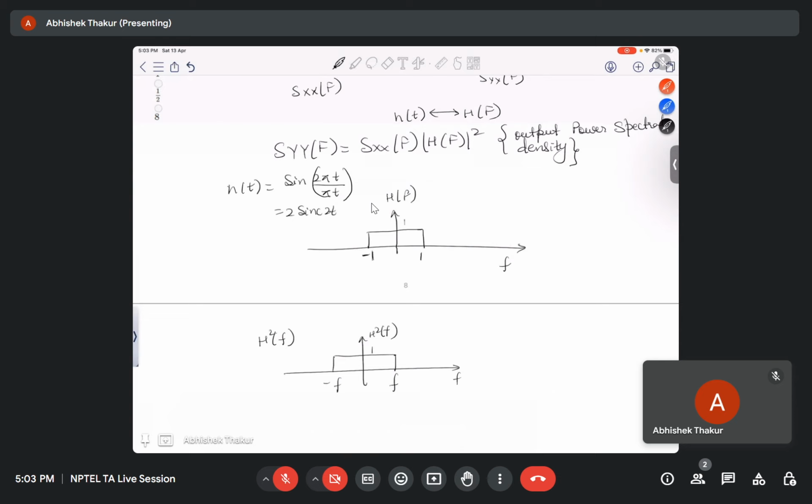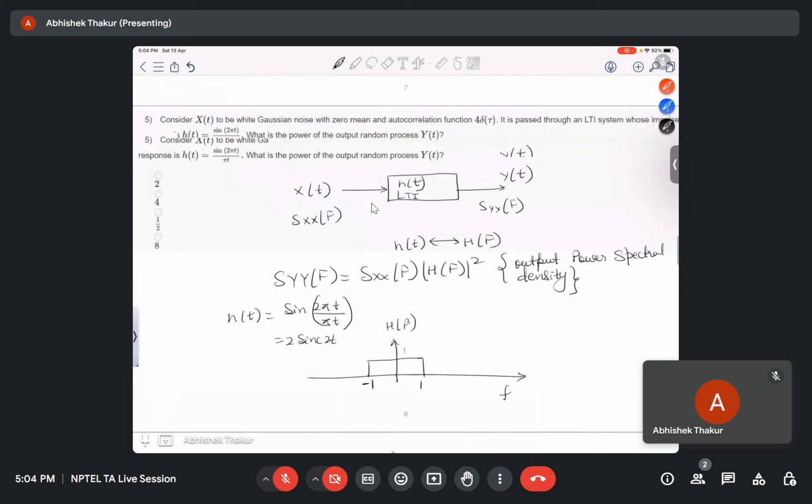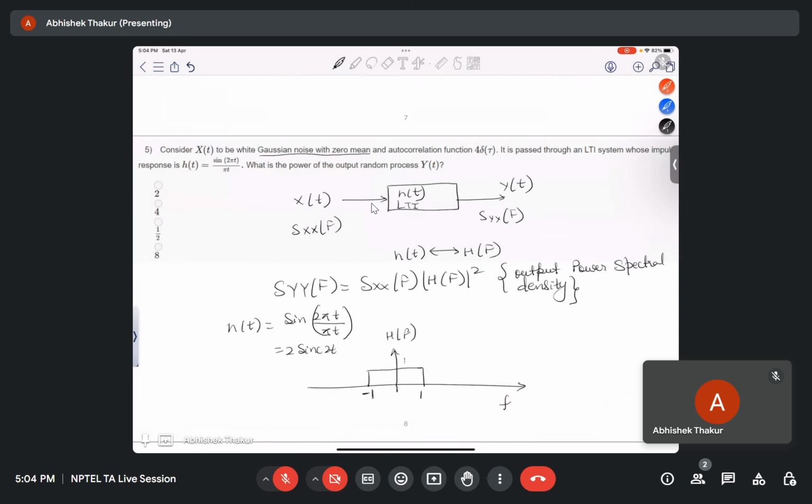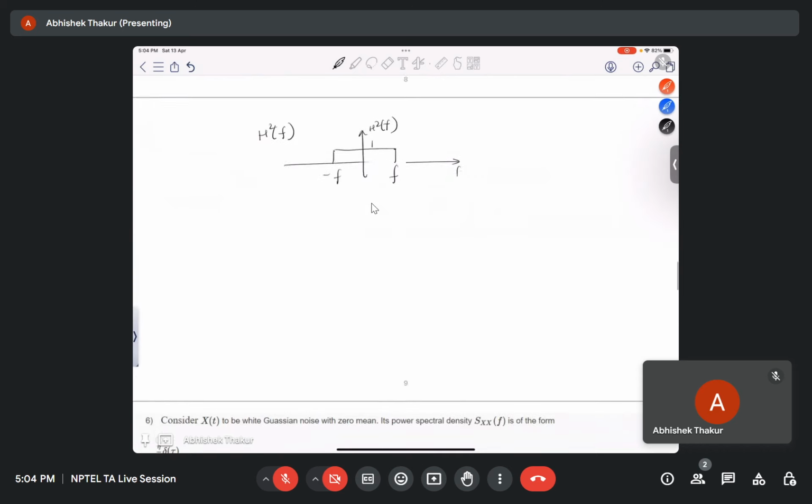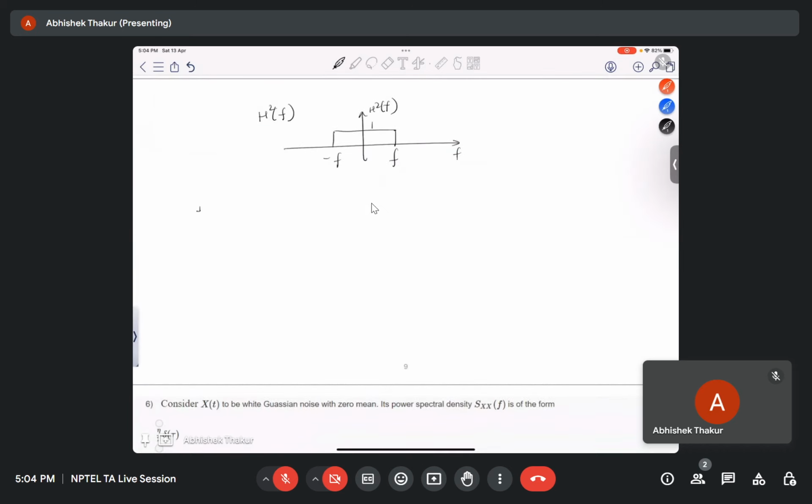So the given input is white Gaussian noise with zero mean and autocorrelation of 4 δ(τ). So the input is white noise with autocorrelation 4 δ(τ), which implies the power spectral density S_xx(f) is 4 for all f.